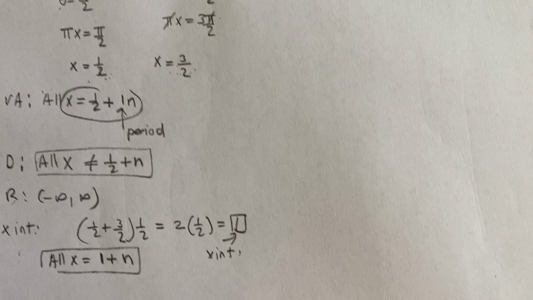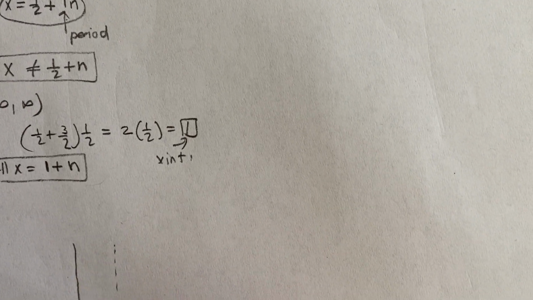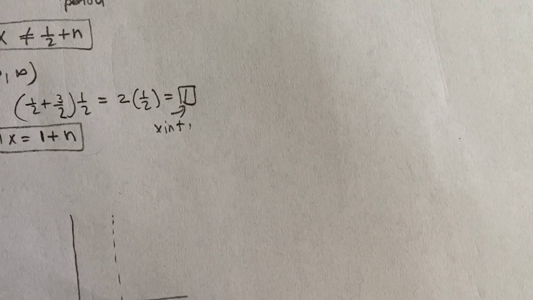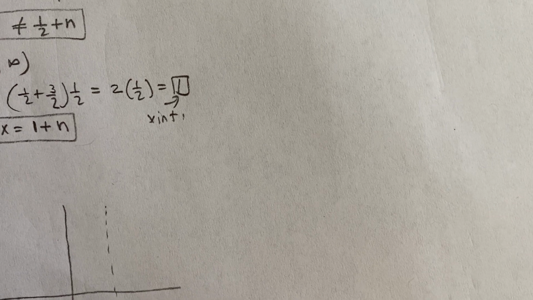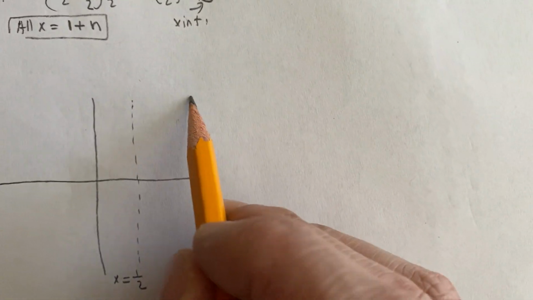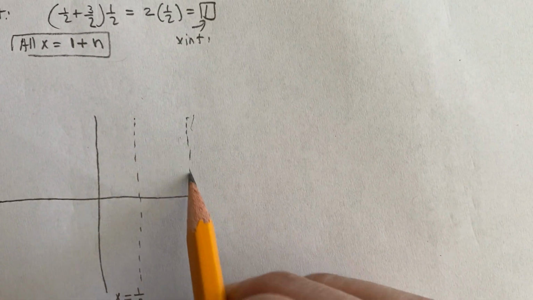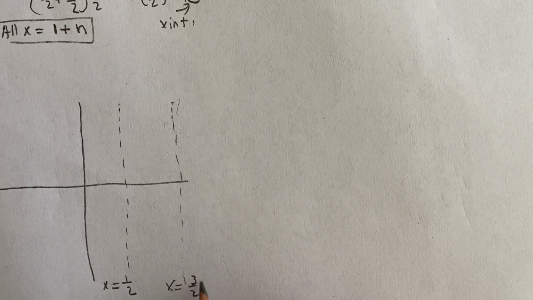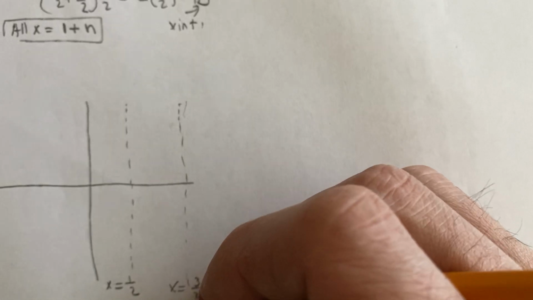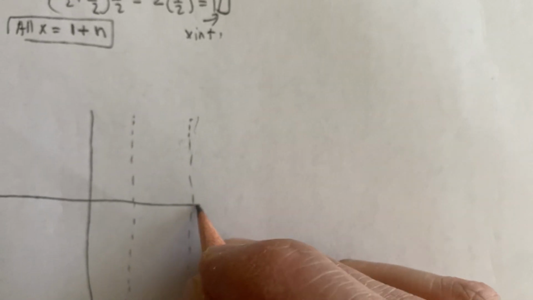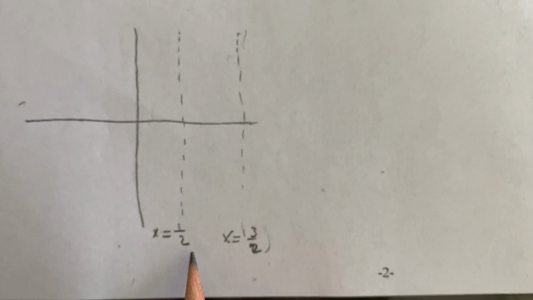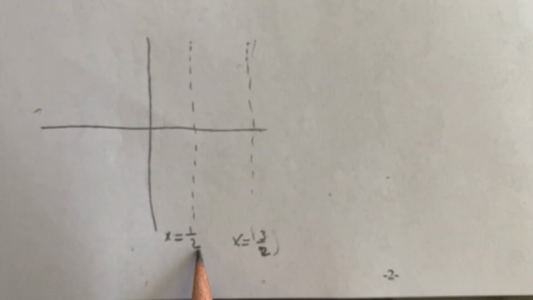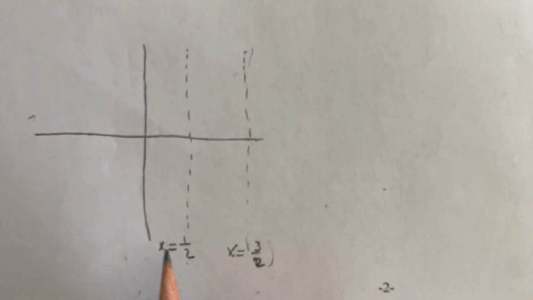And my first two VAs are 1/2 and 3 over 2. Okay, so if I ask you to sketch 2 periods, going this direction, because the period is 1, if I subtract 1 from 1/2, I'm going to get negative 1/2.